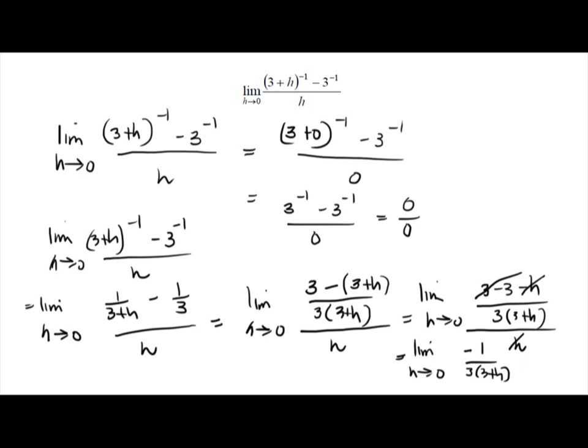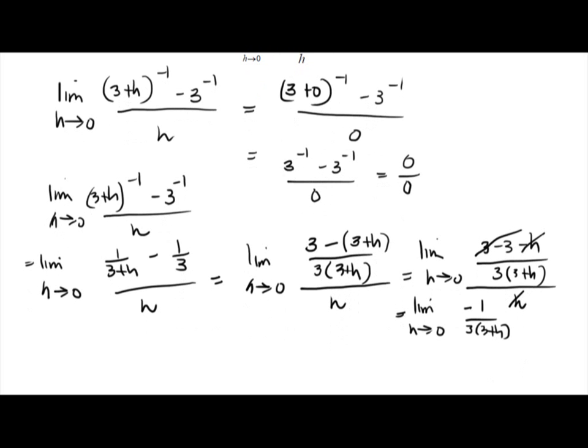So the moment you come up with a simplified version of this expression, then you try the substitution method again. So when you substitute 0 to h, this will become negative 1 over 3 times 3 plus 0, so negative 1 over 3 times 3, so negative 1 over 9. So that's the limit of the function.